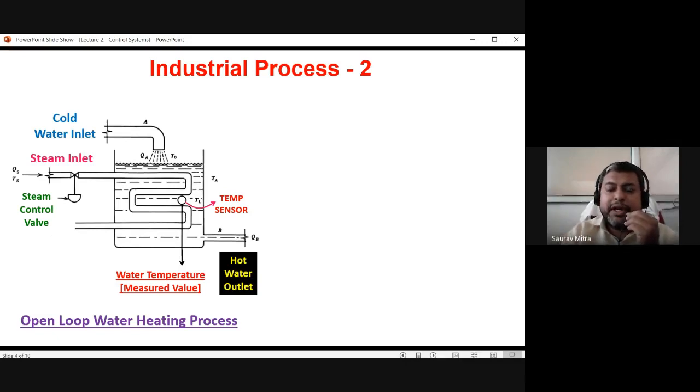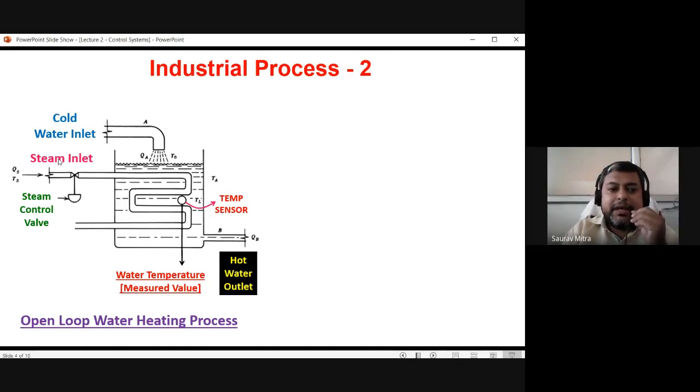If you go abroad, you will find that inside rooms, as a room heater, they are using steam, because abroad it is very cold, -10, -20 degrees centigrade in a lot of places. Inside the room they keep these steam pipes, which are metallic pipes, to maintain the temperature inside the room. The same thing is happening in the water.